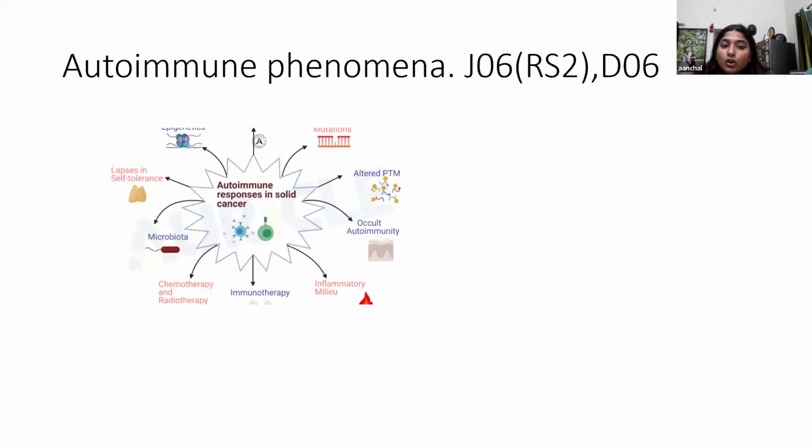If the body starts attacking its own cells, it will create other types of disease, like autoimmune diseases.